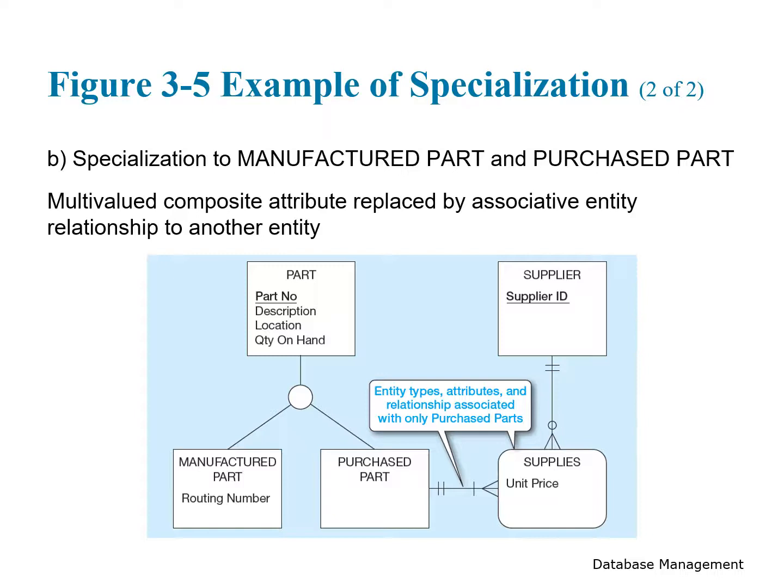Note that, like the previous slide, the concept of supplier is now represented as a separate entity, and an associative entity represents a many-to-many relationship between purchased part and supplier, with unit price being an attribute of the associative entity. This provides information that was not explicit in the previous slide.